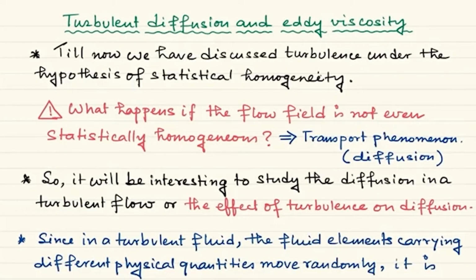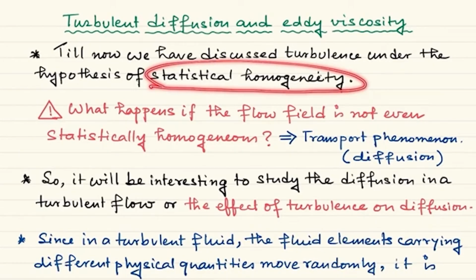If you really followed the previous discussion on turbulence, you will easily understand that till now our basic assumption was that the turbulent flow is considered to be in a field which is statistically homogeneous and also isotropic.